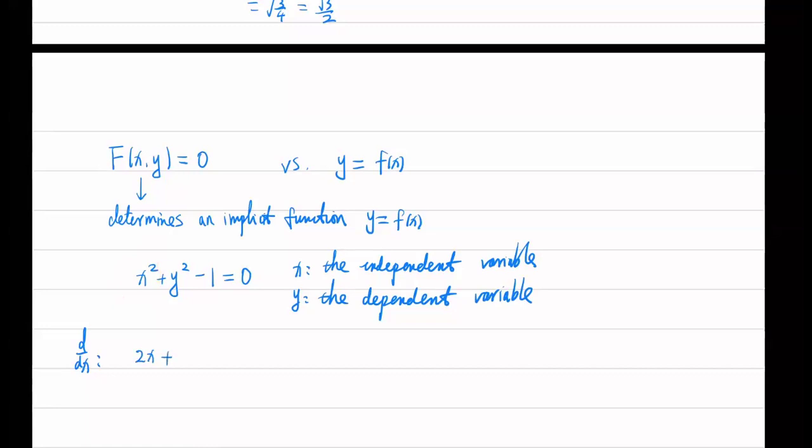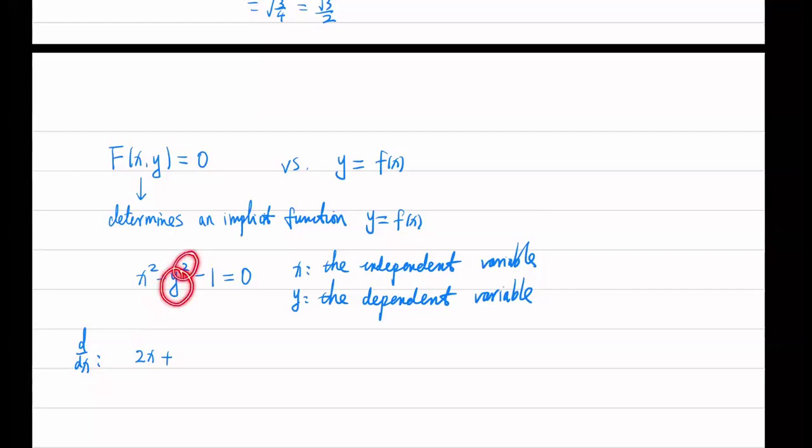Zichen, what's the derivative of y squared with respect to x? This time, y is a function of x. So it's the composition of this y function and the square function.